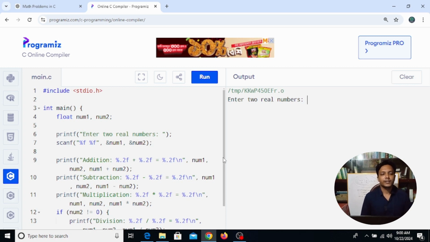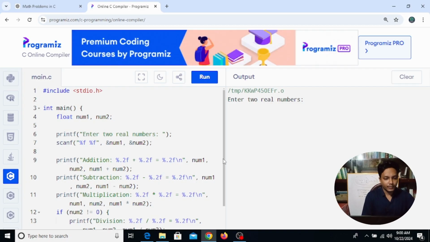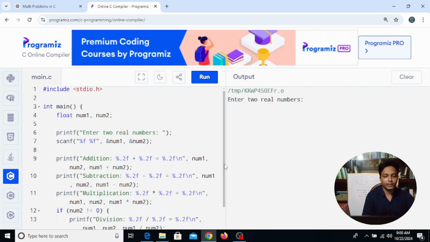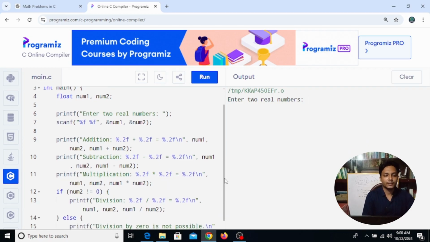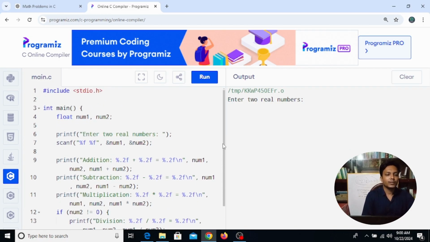In my screen you see a program. What does this program do? This program adds two numbers, subtracts two numbers, multiplies two numbers. I will try to discuss the whole program. In the first line, #include <stdio.h>.